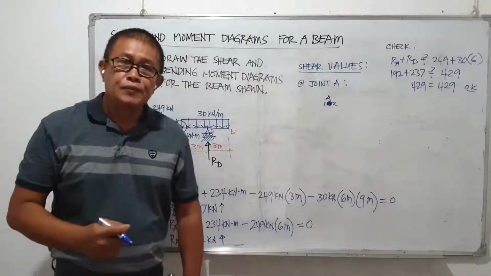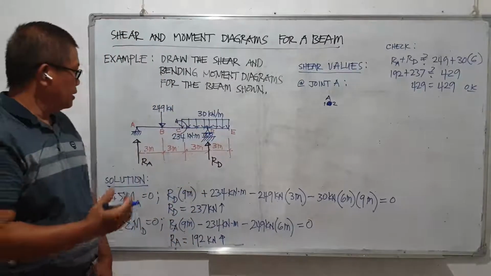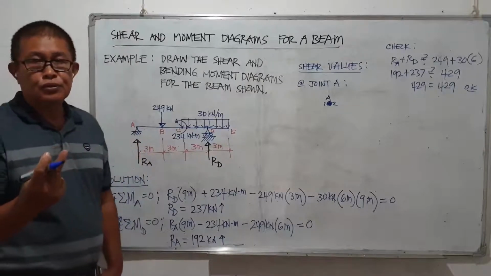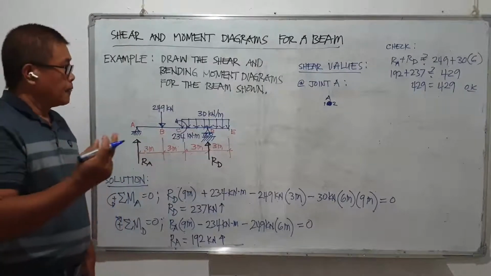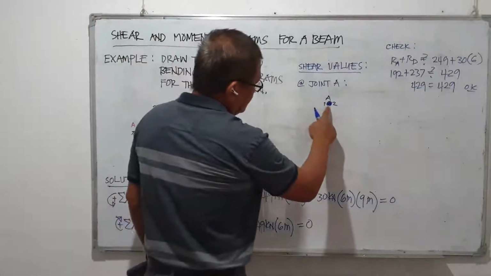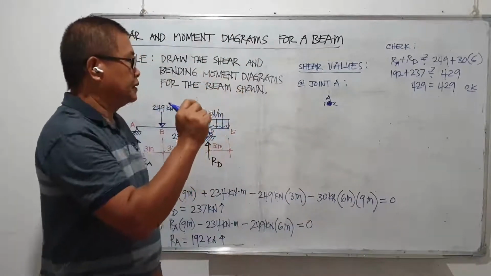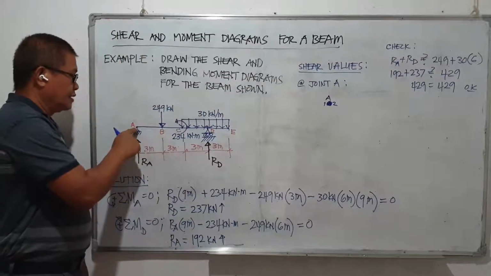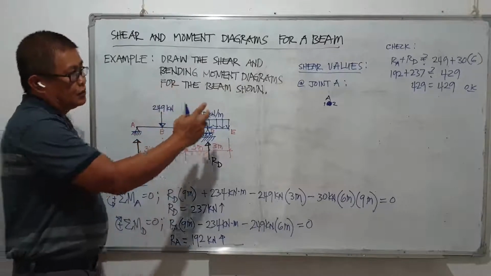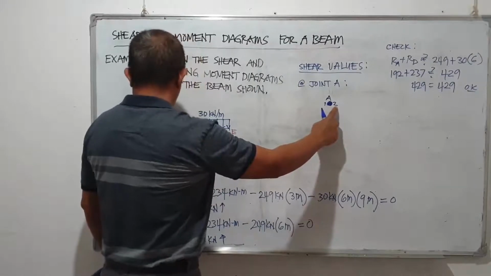Because there are points at certain locations, especially with concentrated loads, that a single point will have two shear values. So our consideration is to imagine point A as the center of that particular point, and then a little to the left of point A we consider point 1, then a little to the right of point A is point 2.